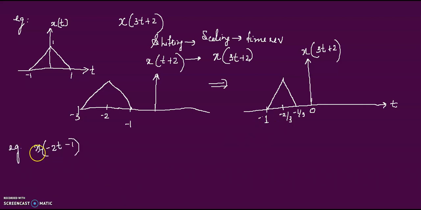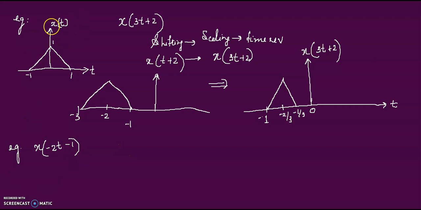That is x of -2t minus 1, where x of t is this. With the same x of t, we have to find x of -2t minus 1.